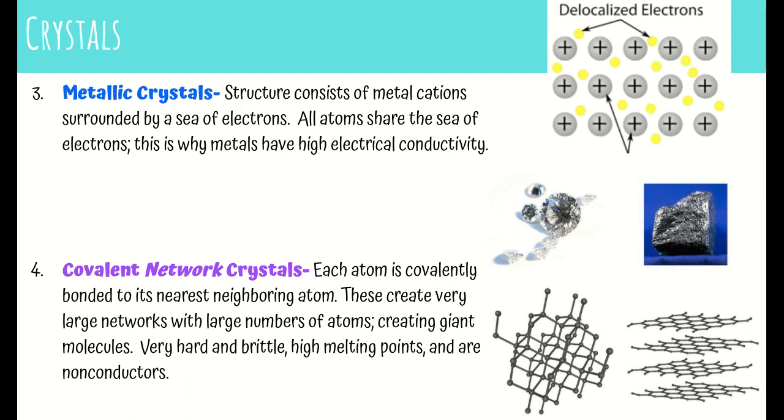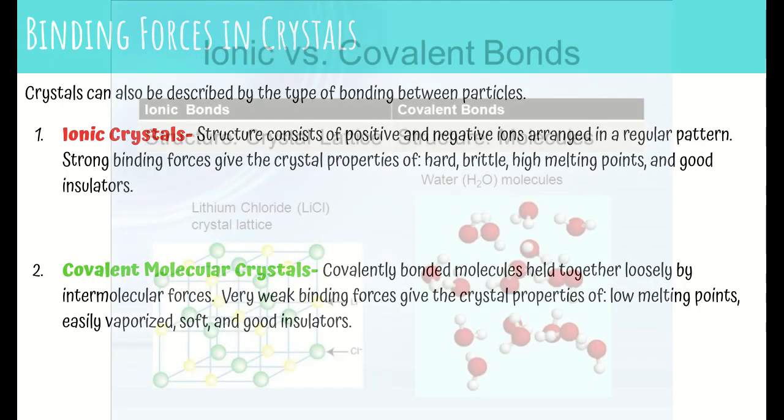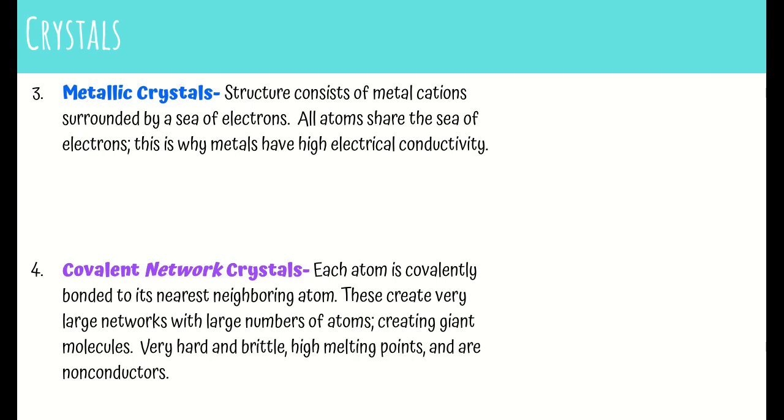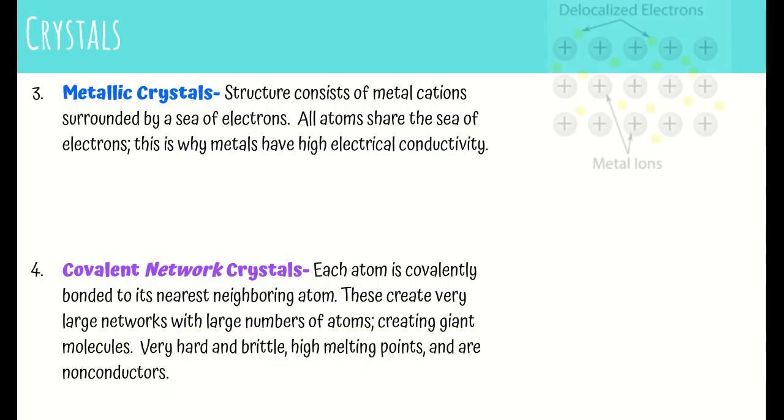So covalent network crystals are very strong. So if you're trying to compare all of these, you could say that ionic crystals and covalent network crystals are very strong, whereas metallic crystals are less strong, and the weakest of them all would be covalent molecular crystals.